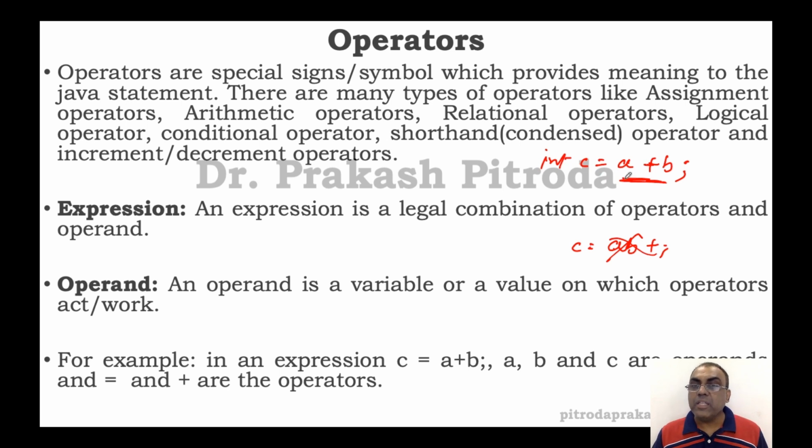So your expression is a legal combination of operators, that is the signs, and operands, which are nothing but the variables. In this segment we are going to deal with the operators.